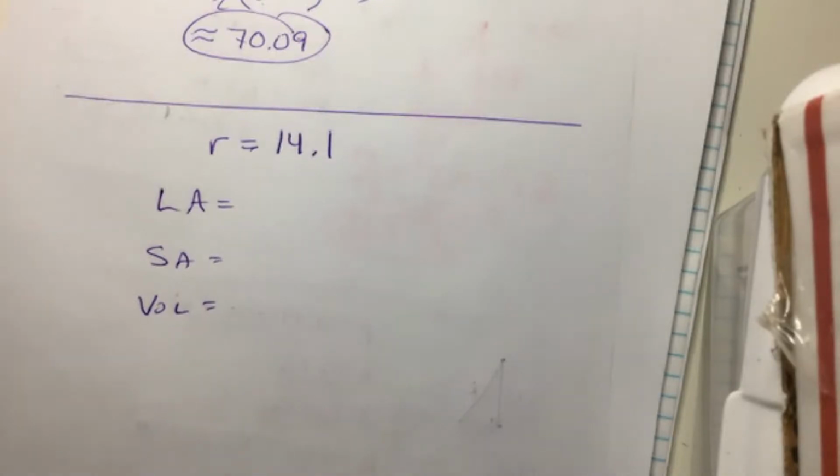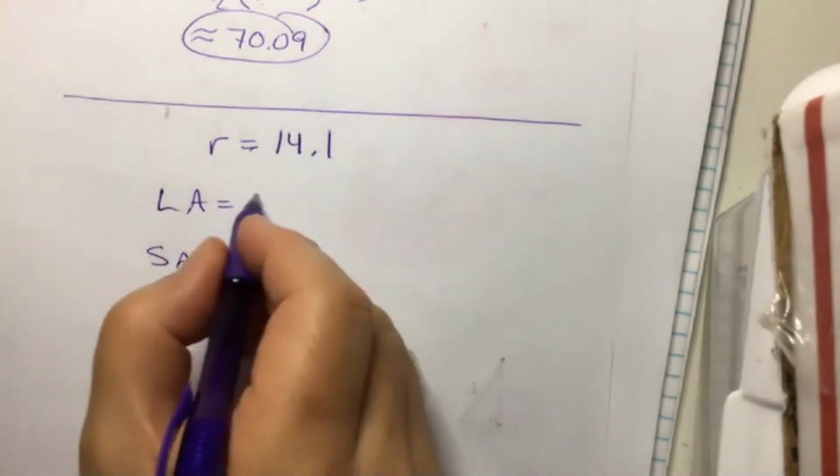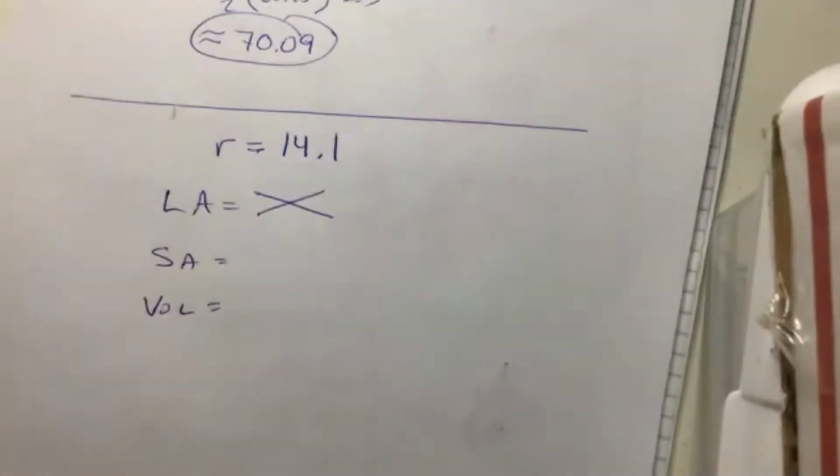So here's a sphere. And the distinction between LA and SA is what? Lateral area is like the walls of the building, excluding the roof and the floor. Well, spheres don't have that distinction. They don't have a top and they don't have a bottom. So for our purposes, there is no lateral area for a sphere.